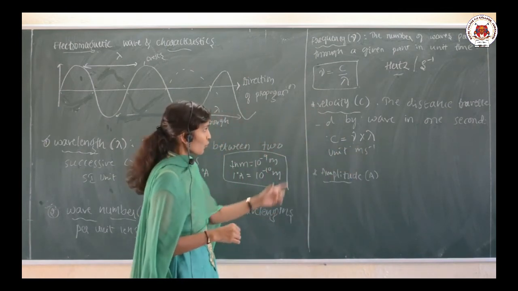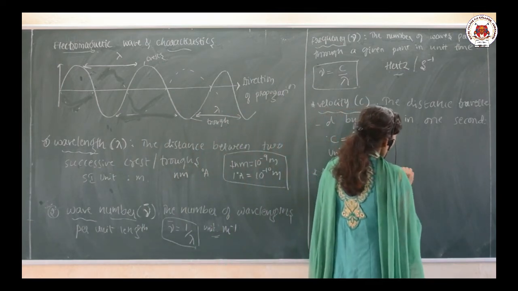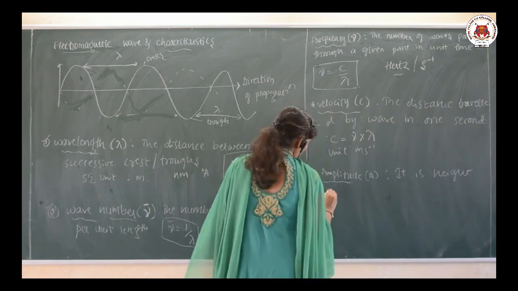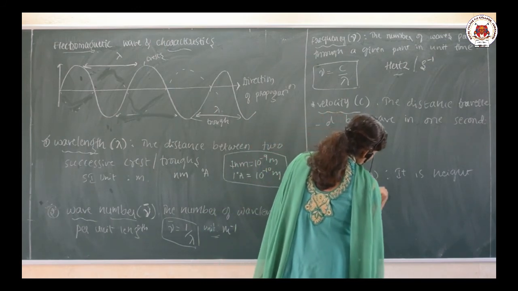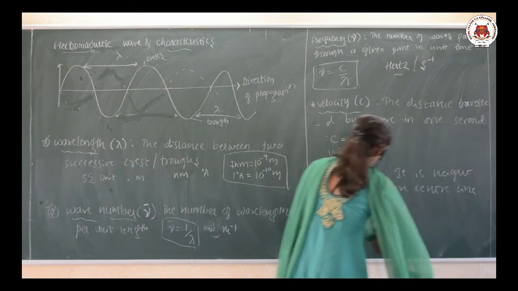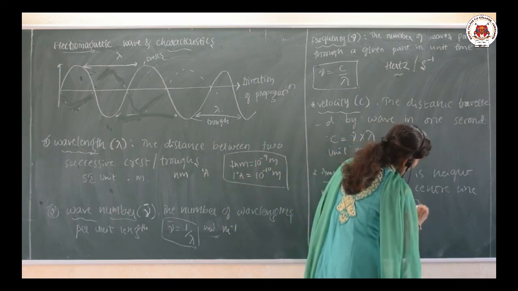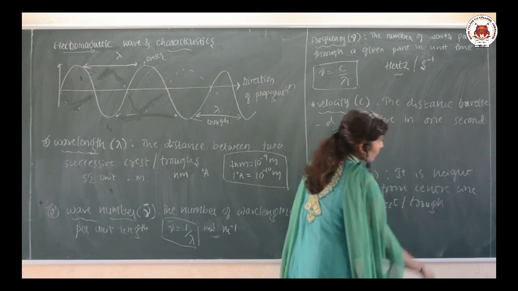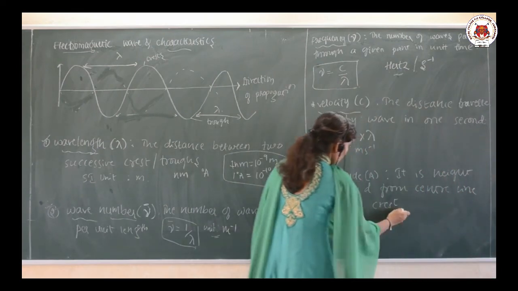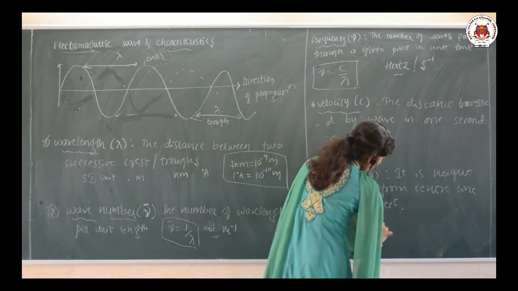Okay. So, the last one is amplitude. Amplitude is nothing but the height measured from the center line to the crest or trough, and it determines intensity or brightness.